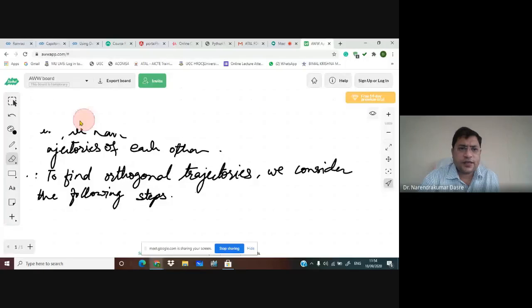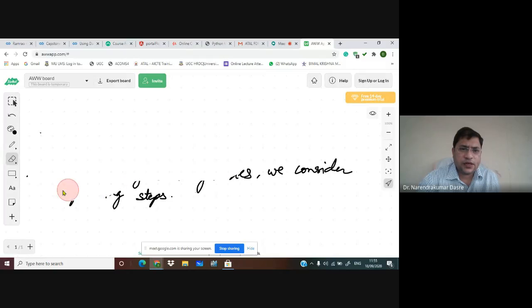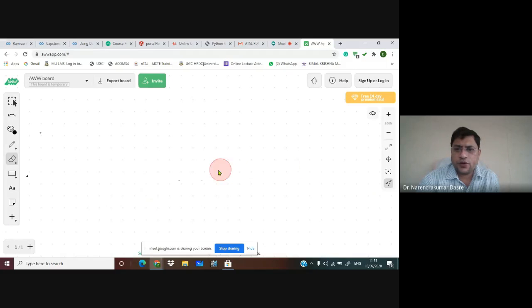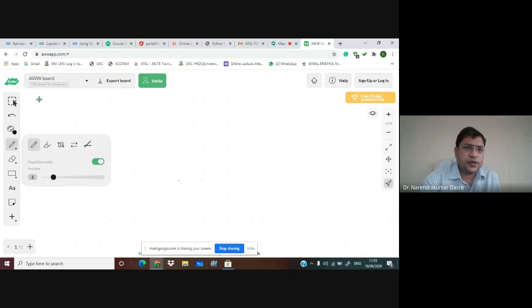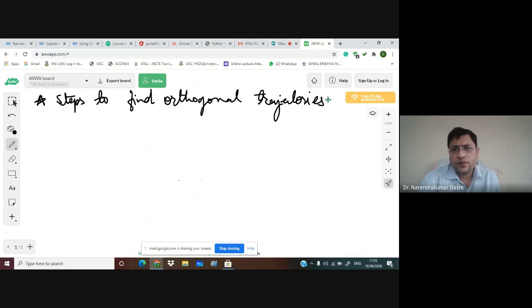So for orthogonal trajectories, as we know, we have to go through the analytic function again. So we'll see the steps to find orthogonal trajectories. What are the steps here?